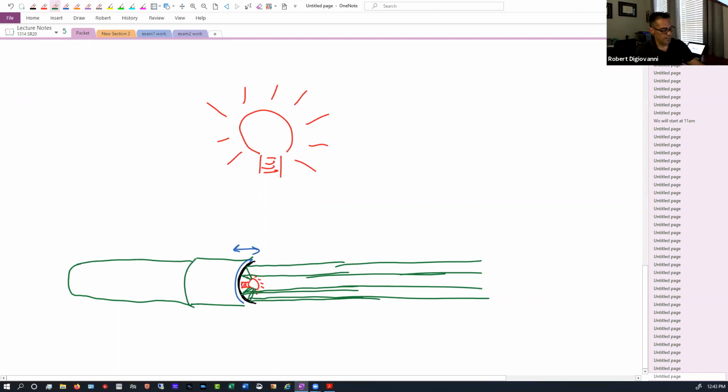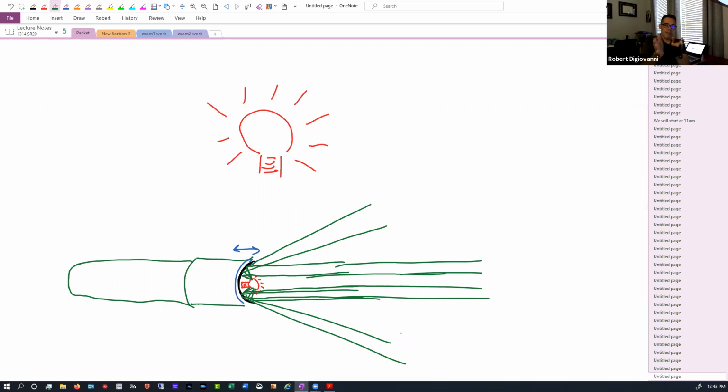So when beams come out, they don't go out exactly straight, they come out slightly at an angle. And so you wind up getting this very wide beam of light. It's not as bright because it's spread out, but you can spread the light on the flashlight, and then you can bring it together by turning it. So all of that relies on a parabolic mirror to work.